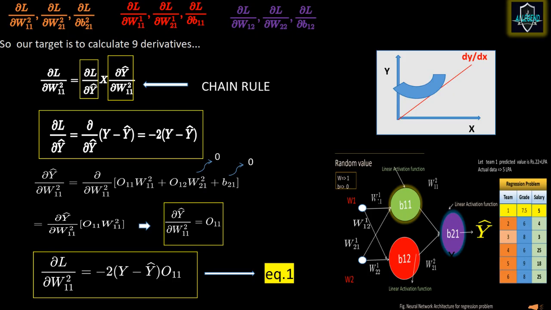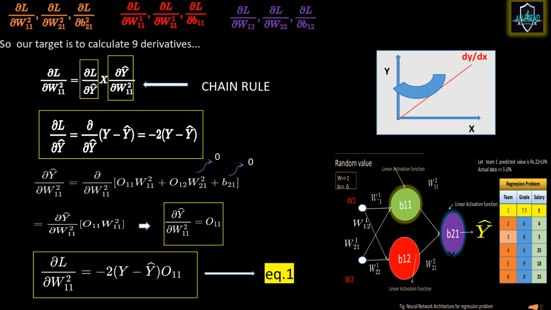Whenever we are finding dy over dx, what does that mean? It's a slope. You can see graphically, y is one quantity and x is another quantity, and we need to find what change arises in y when a little change occurs in x. As you see graphically in that plot, this is a slope. These things you have learned in mathematics, right?